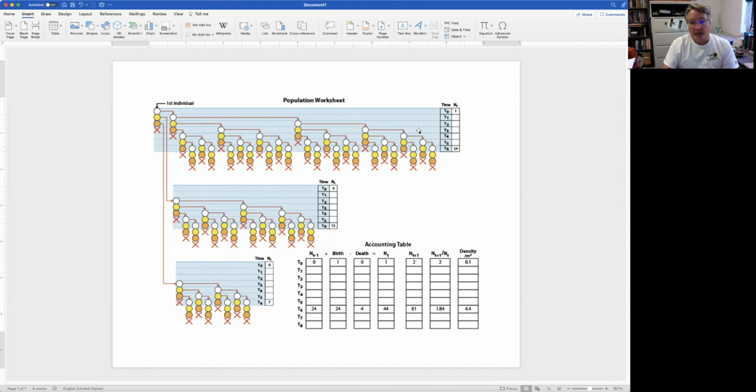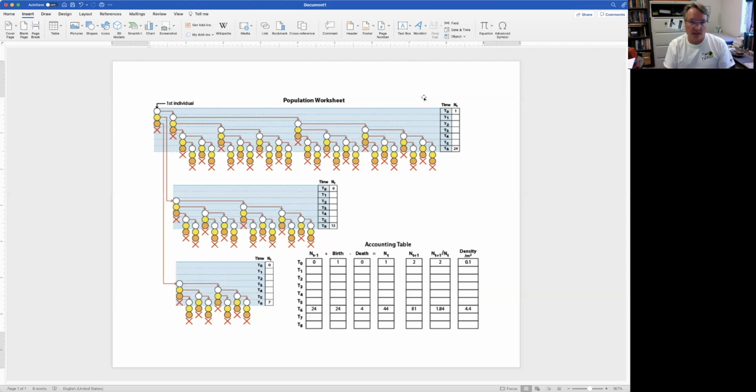On the right-hand part of the screen here, we have 3 sections. We have this thing called time and this thing called n sub t. Time, we can abbreviate using t, makes sense, right? But then we have these subscripts, 0, 1, 2, 3, and so on. What the subscripts are telling us is what time period we're interested in.